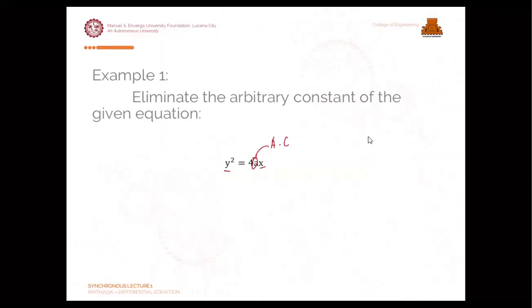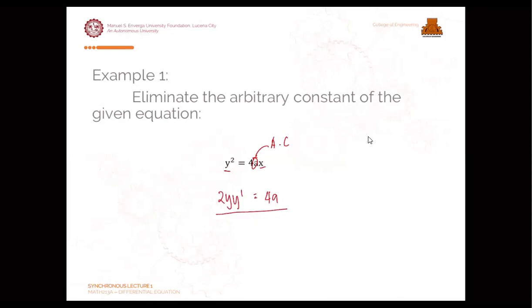Implicit differentiation yung gagawin niyo dito. So, we have 2y y prime is equals to 4a. Pwede na to, ito na yung sagot, 4a.